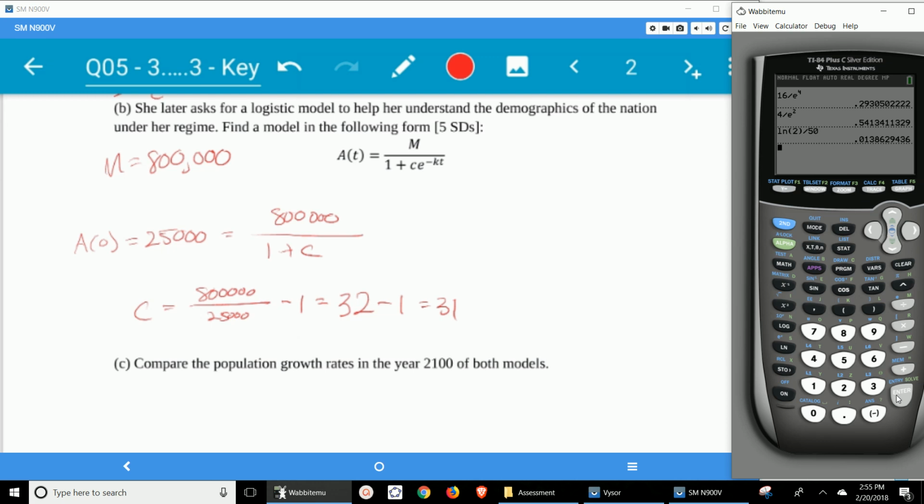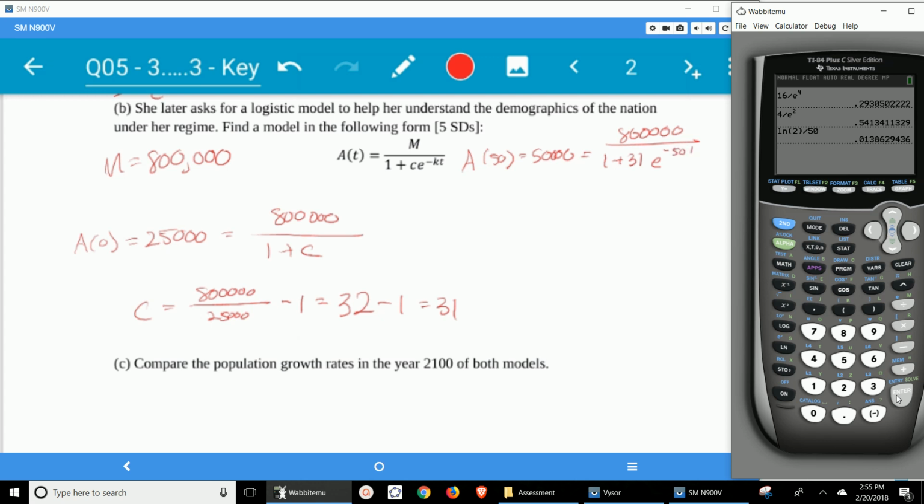Now we need to use the fact that A of 50 is 50,000. It doubles the initial value. So that would be 800,000 over 1 plus 31 e to the negative 50k.